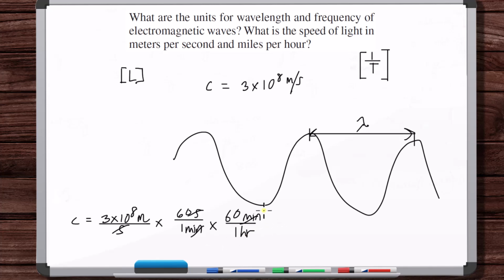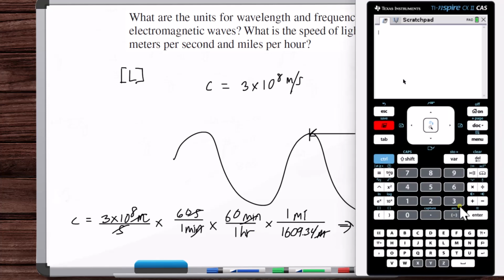Now, if I use Google, I see that there's 1,609.34 meters for every 1 mile. Okay, and so now we are in miles per hour. Well, let's let miles be in the numerator and hours in the denominator.